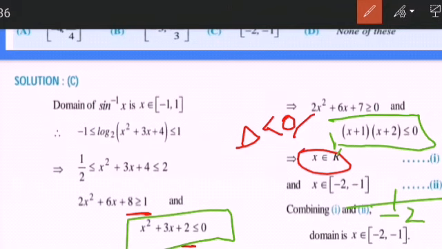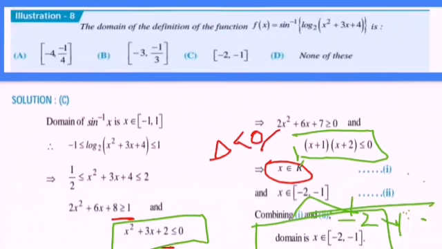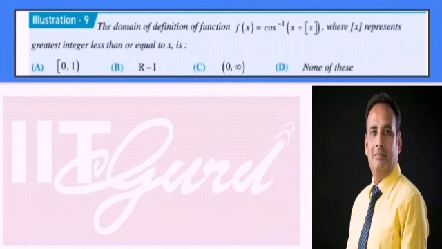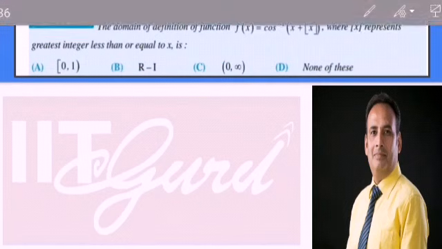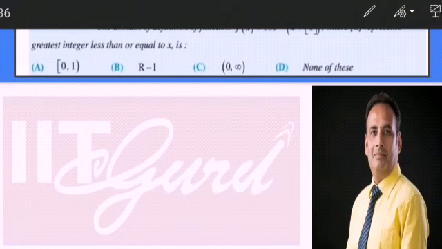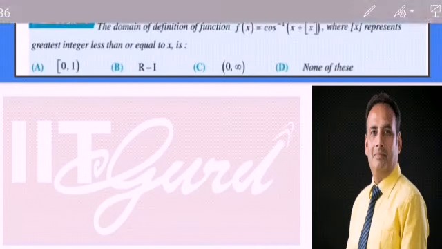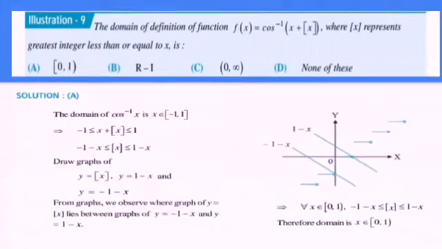So the intersecting points come to the solution for the equality, but less or equal to, the graph also has to be considered. From the graph we observe, for y equal to minus 1 minus x and y equal to 1 minus x, the coefficient of x is negative 1, which means a 135 degree angle from the positive x axis for both lines, and g of x you can draw undoubtedly.